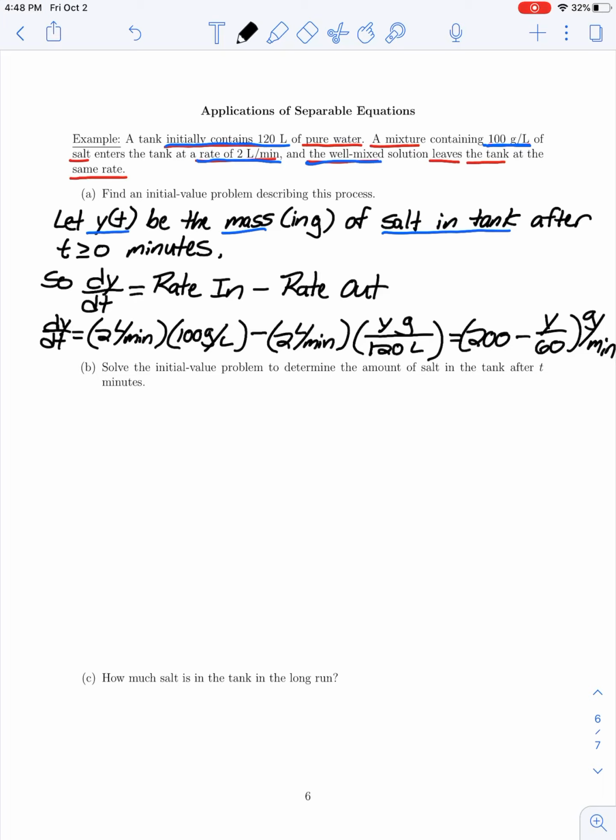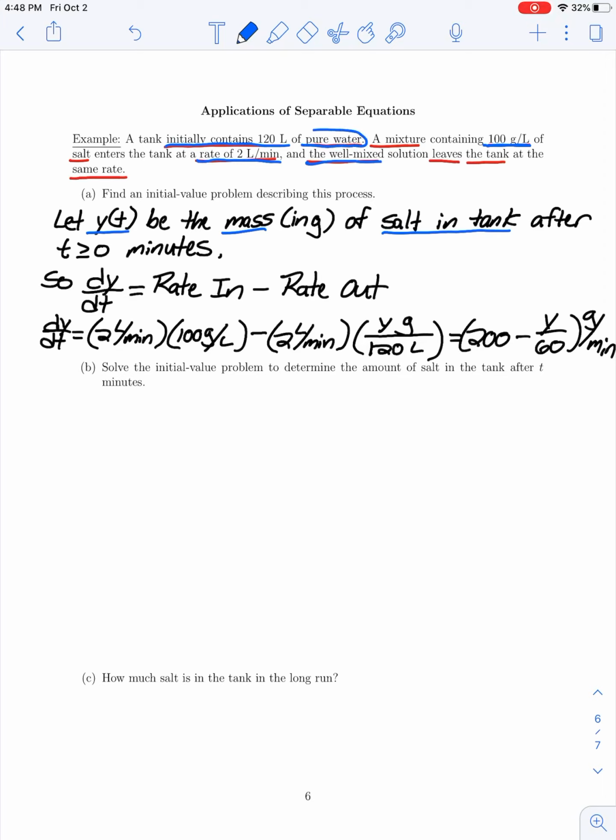So we have a differential equation which describes the rate at which the salt content is changing in our tank, and we were asked for an initial value problem. Recall, an initial value problem is just the differential equation together with an initial condition. So let's think about our initial condition. We were told a tank initially contains 120 liters of pure water.